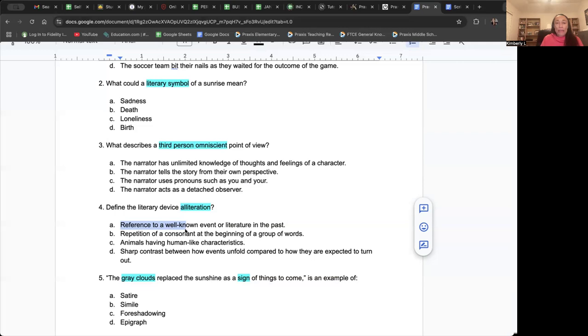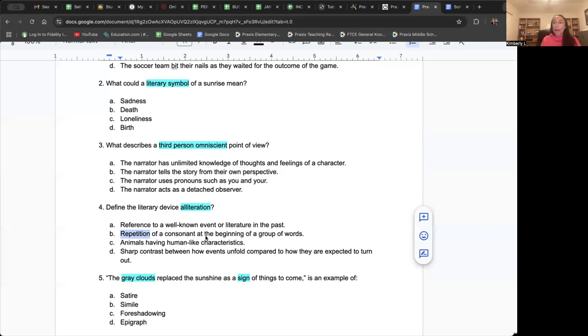Repetition of a consonant at the beginning of a group of words. So look at the word alliteration. It has the word iteration in it, meaning repeating. So seeing that word repetition right here, consonant at the beginning of group of words, makes me think of this old kind of, it might be a nursery rhyme, I'm not sure, but it's Peter Piper picked a peck of pickled peppers.